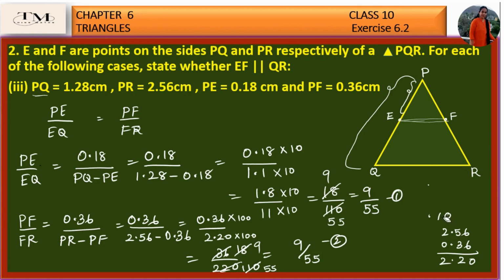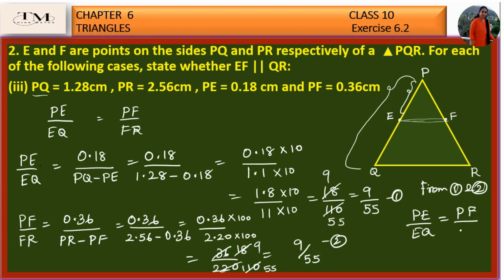So, let me erase this calculation. So, from 1 and 2, we have the ratios equal. So, from 1 and 2, PE by EQ is equal to PF by FR. So, this implies EF is parallel to QR by converse of BPT.